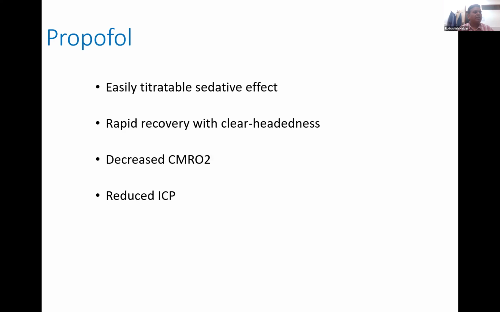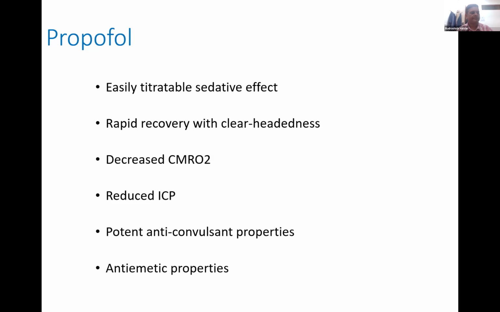So it's better given with a target controlled infusion pump whenever possible, and usually it is given along with some opioid like fentanyl or remifentanil. The combination of propofol and remifentanil is the ideal one. And the usual dose required is 50 to 150 microgram per kg per minute.